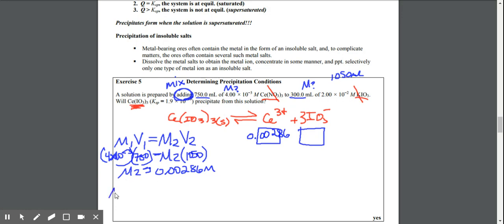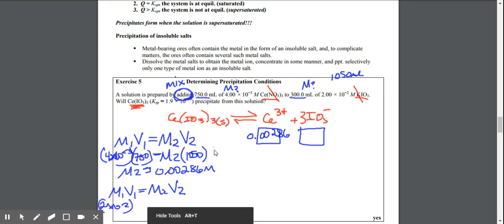So M1V1 equals M2V2. M1 is the initial molarity, so 2 times 10 to the negative 2. V1 is the initial volume, which was 300. M2 is the new molarity I'm solving for.